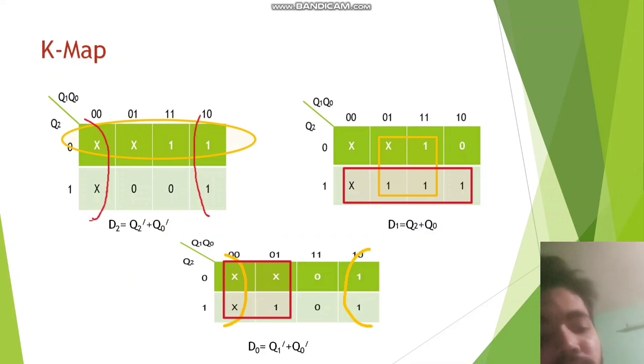Then there are four groups, and then we fold the two sides and match. Then we take the four numbers as a group, and we got D0 equals Q2 bar and Q0 bar. This is the flip-flop K-map of the irregular sequential counter.